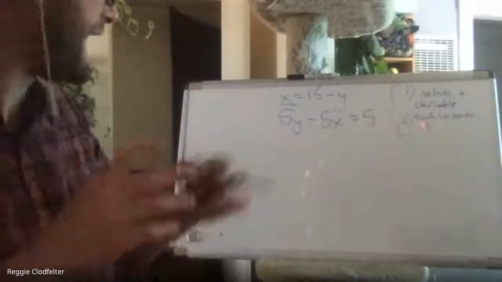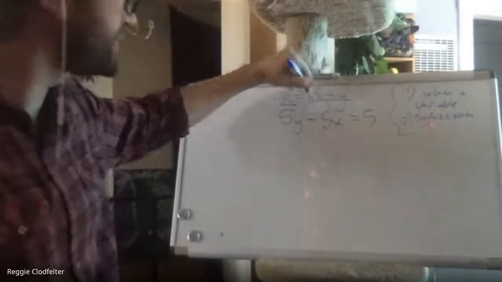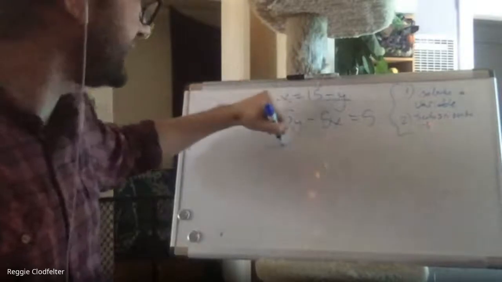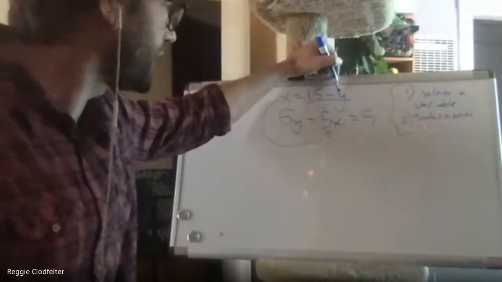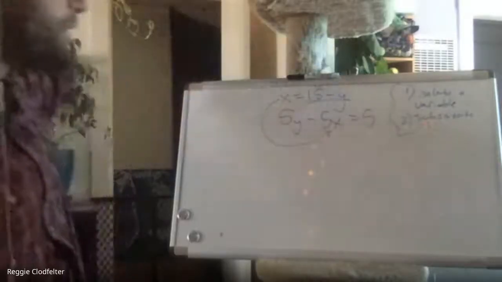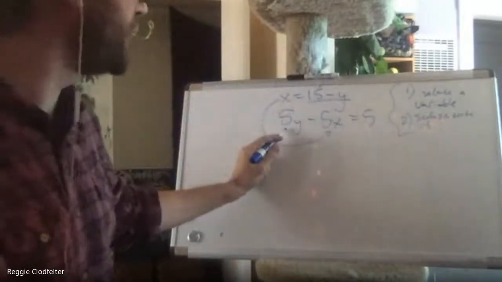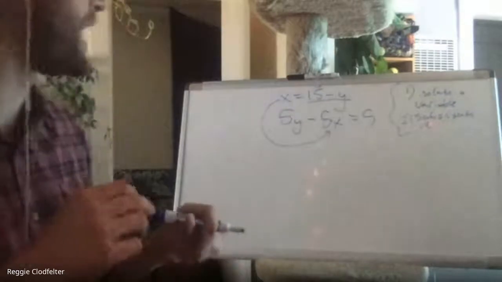So now if I know that x equals 15 minus y, then I can replace my x in the other equation with 15 minus y. Okay? And that makes it so now the other equation only has y's and no x's, so I can now solve for y.